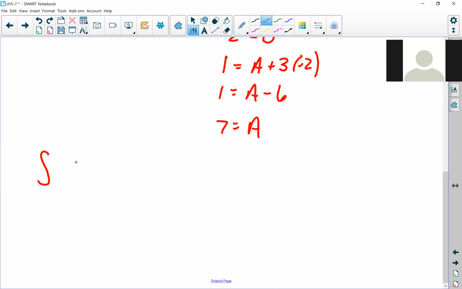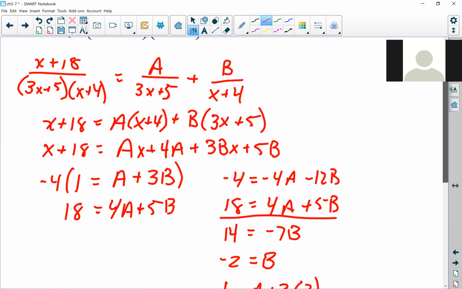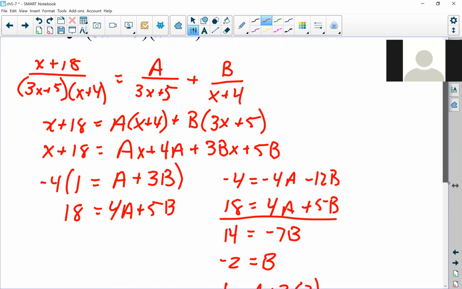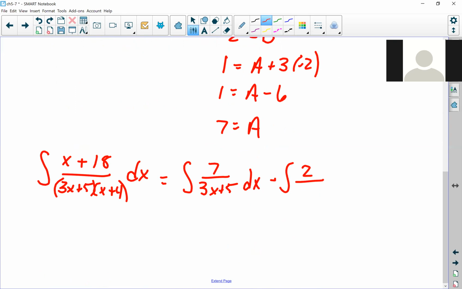And now I can rewrite my original integral as the integral of 7 over 3x plus 5 minus 2 over x plus 4.